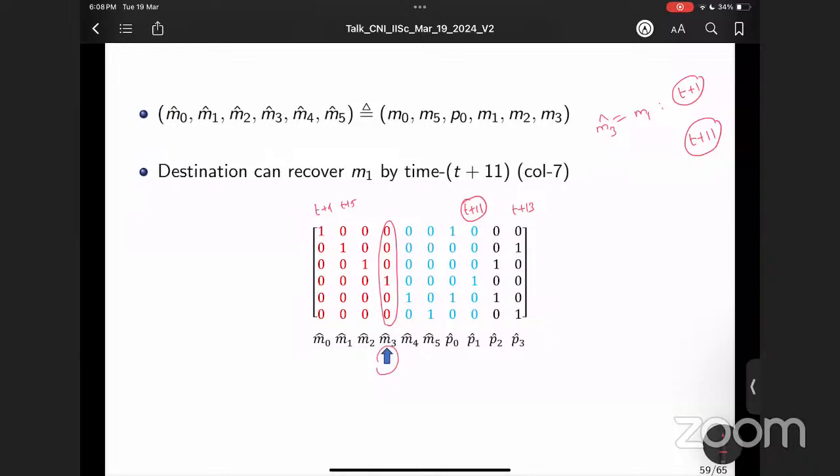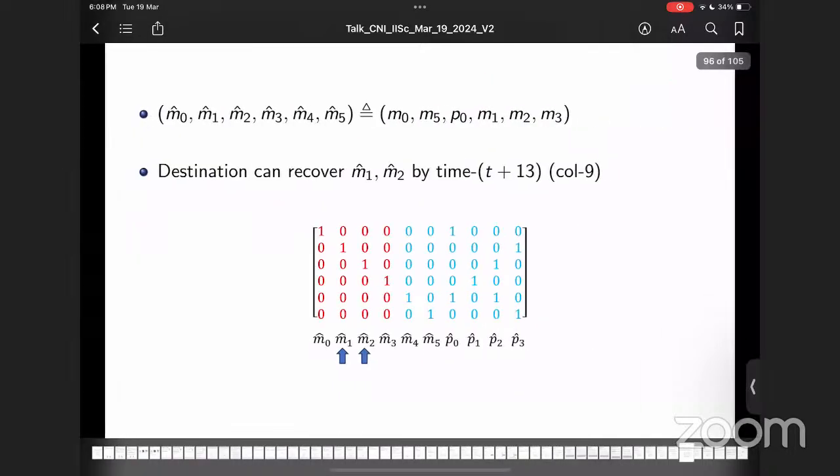Similarly, M4 and M5 is basically M2 and M3, which is already available with me. Next, M1 cap and M2 cap are also available, which will give me my M5 and P0. And once I have M5 and P0, I can in fact recover M4 also. So like that we can do.